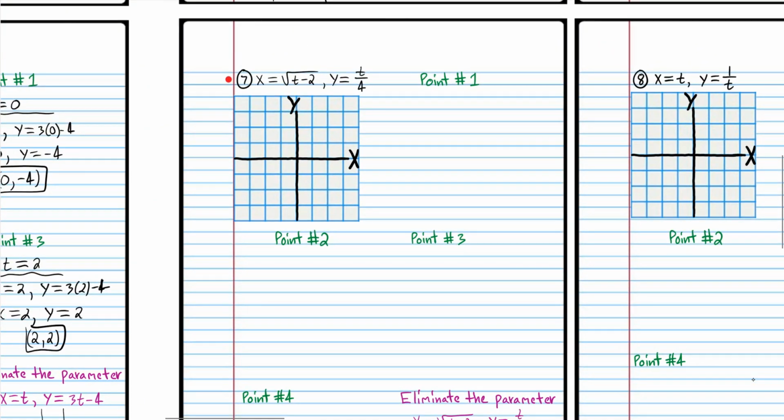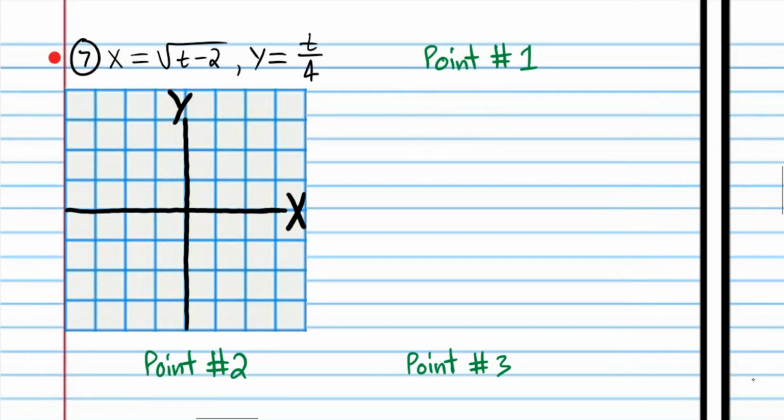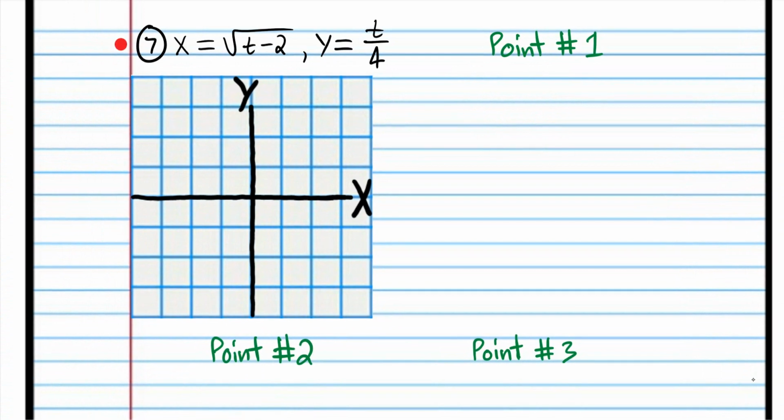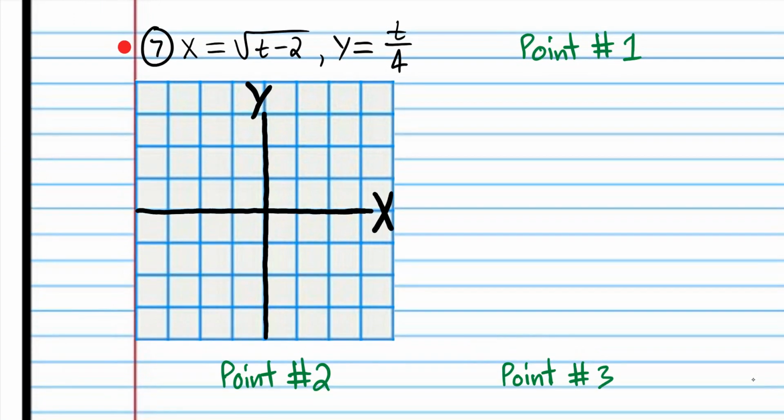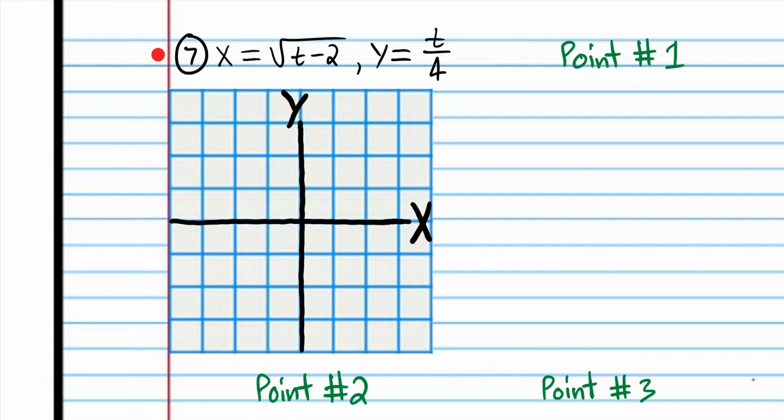Okay, so now we're going to do some more problems, but these problems are going to be a little different because now the parameter t is actually going to be restricted. T can't just be any value. And the reason for that is you can't have a negative under a square root symbol.